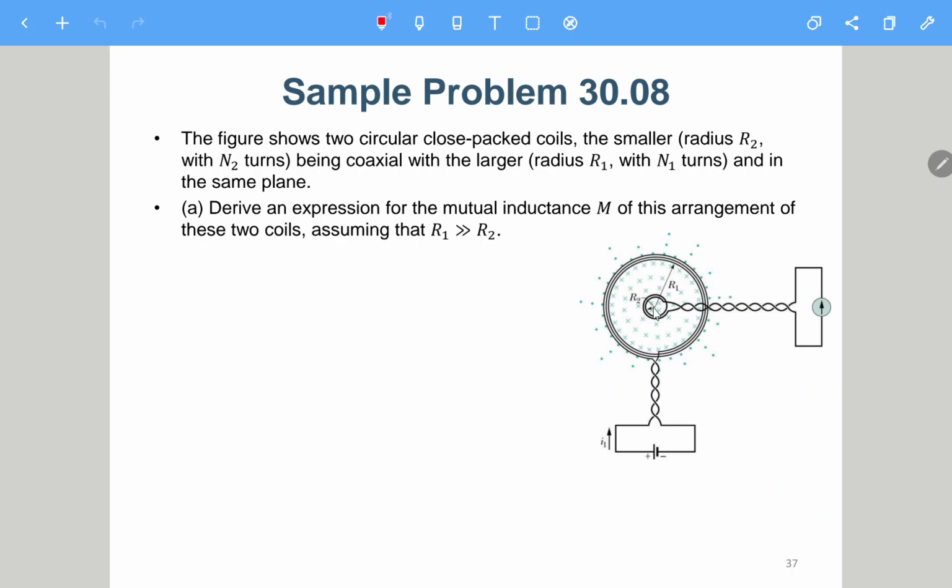Coaxial means this one has an axis going through the center and perpendicular to the plane, perpendicular to the cross section. This one also has a center. Coaxial means the axes for the smaller one and the larger one are the same axis.